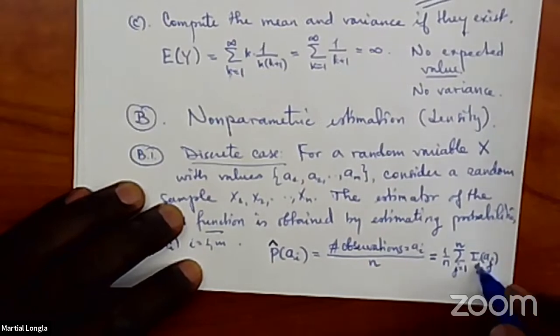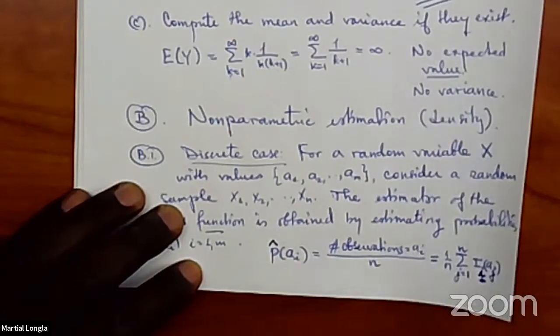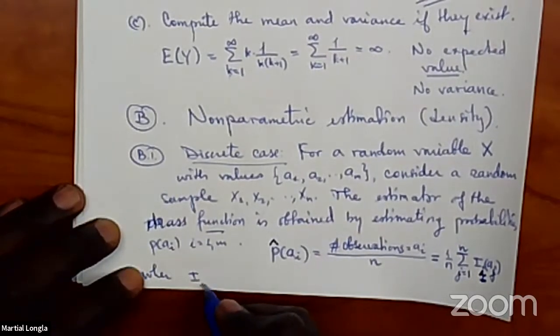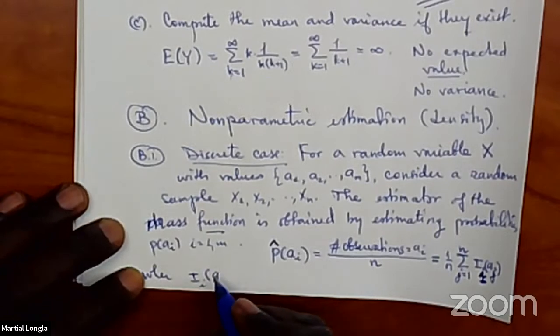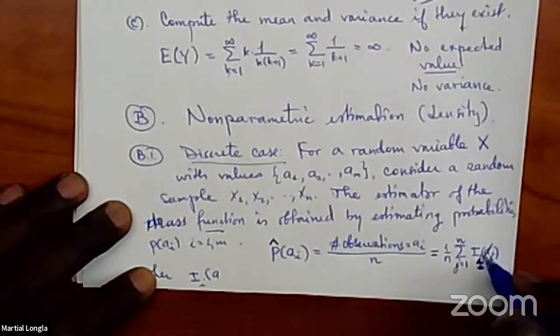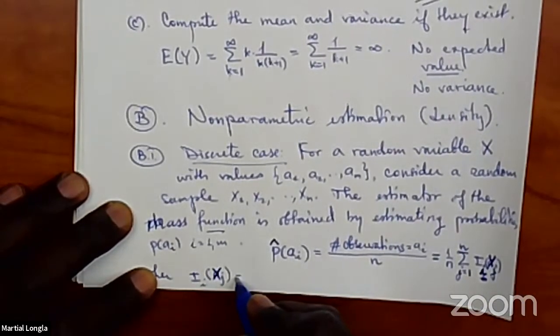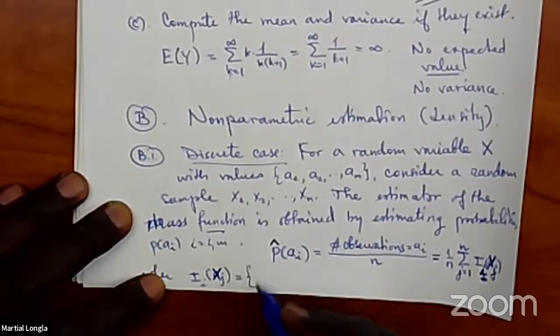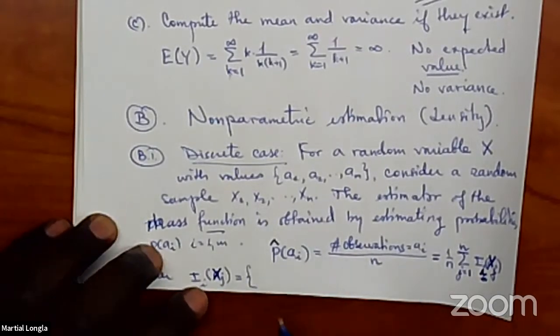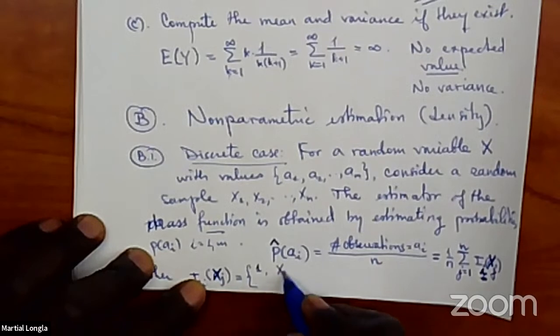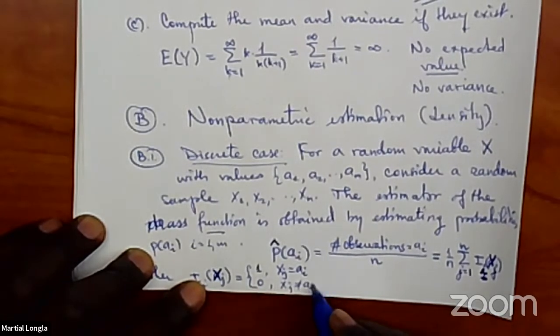So the most important is how you define I, where I of Ai of xj is equal to 1 if xj is equal to Ai, 0 if xj is not equal to Ai.